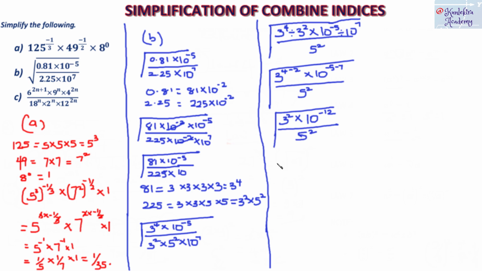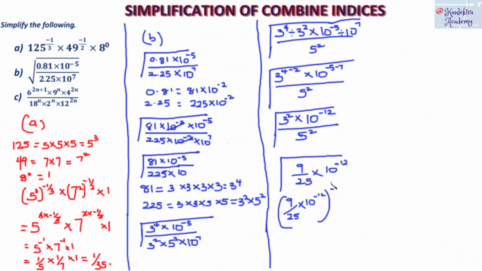Then you have your times 10 raised to power minus 12. Now note that this is square root, and this can also be 9 over 25 times 10 raised to power minus 12.